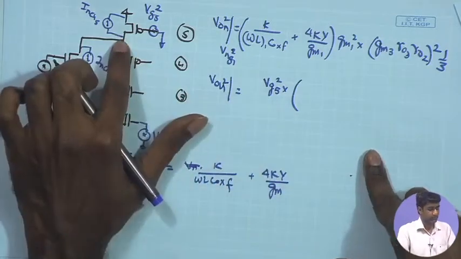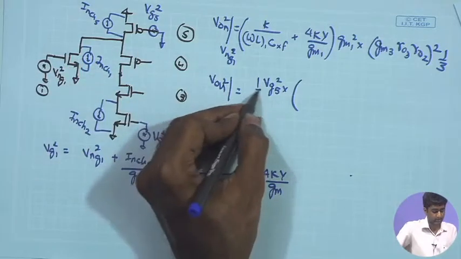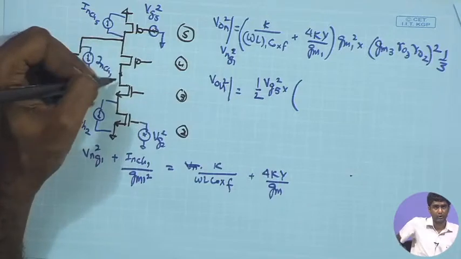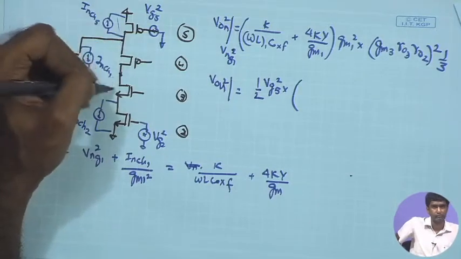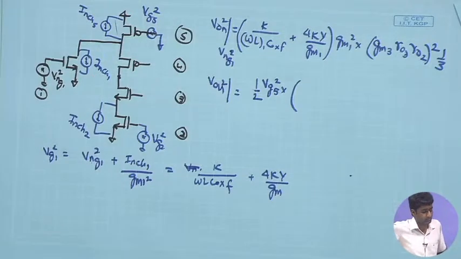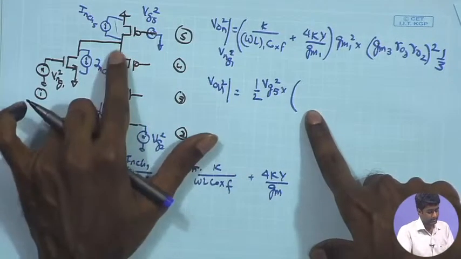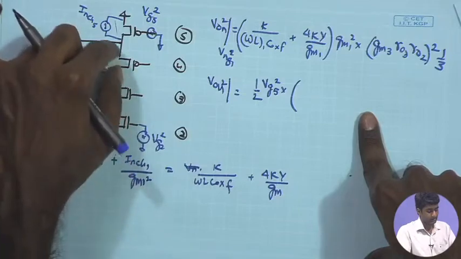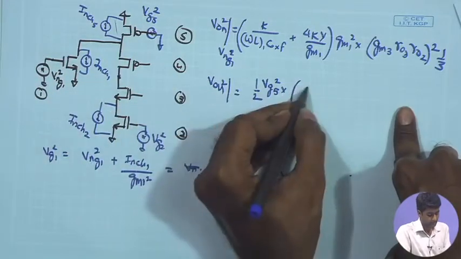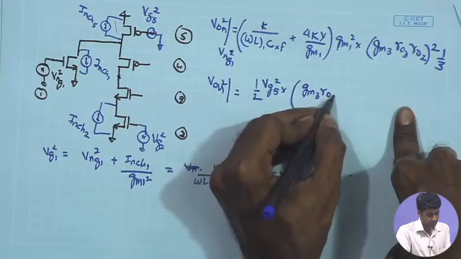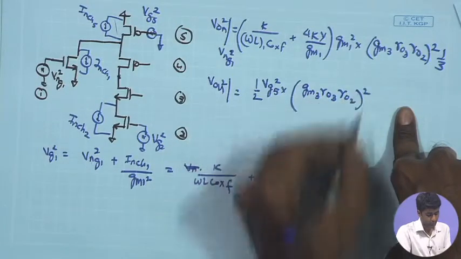And we know that when we calculate the gain of the circuit, we get a 1/2 factor because of the current division at this point, RO up, RO down, or in this case basically RO of this M5 and RO of the remaining circuits, and that multiplied by the overall impedance over here. So, that is again going to be GM3 RO3 RO2 square.